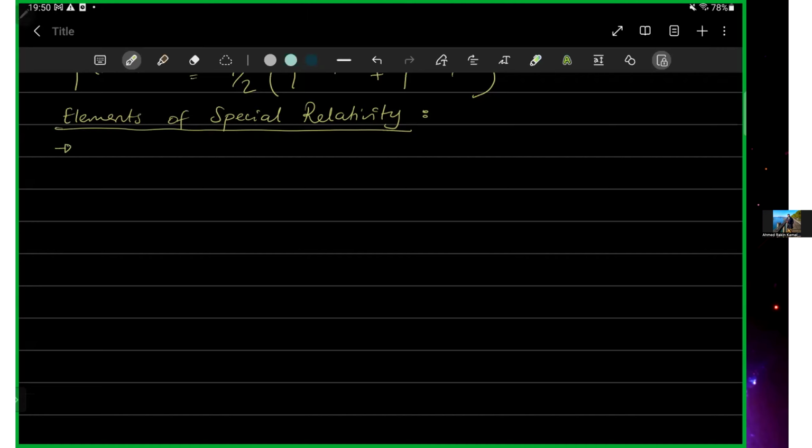So one of the very important postulates of special relativity is that the speed of light is the same in all inertial reference frames.